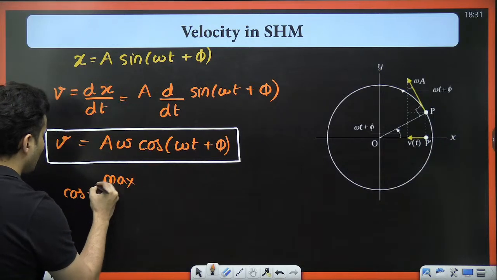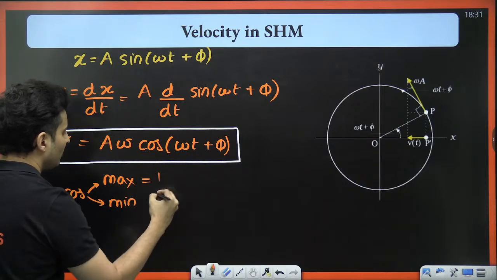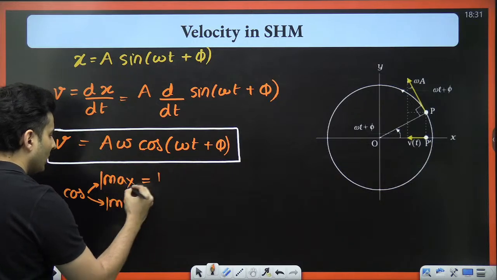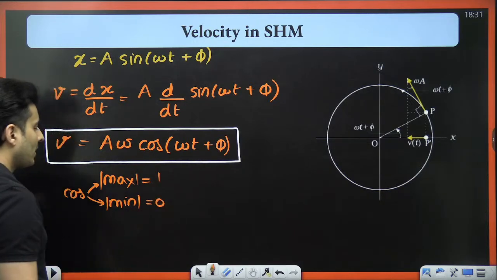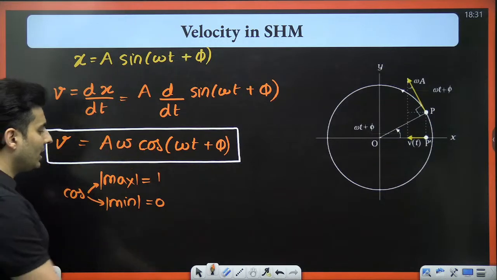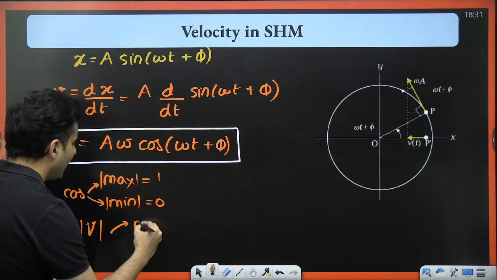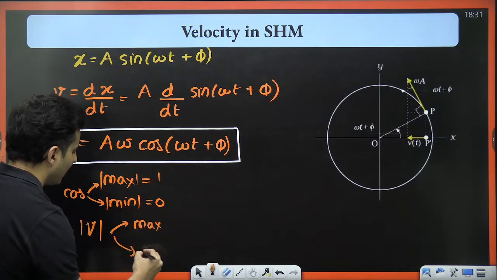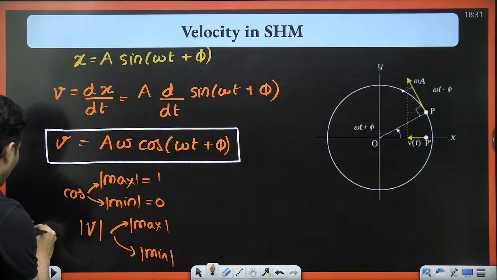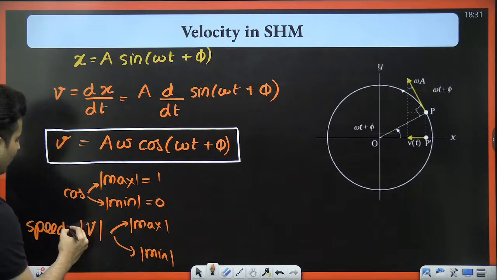Now, what is the maximum or minimum value of cos? The max value is 1. The minimum value, magnitude wise, is 0. So here, if you take the modulus of velocity, basically I'm talking about the speed over here, that's why I've taken modulus.